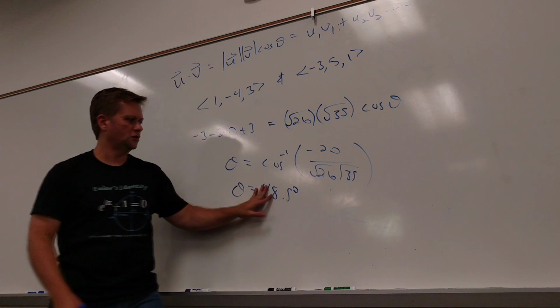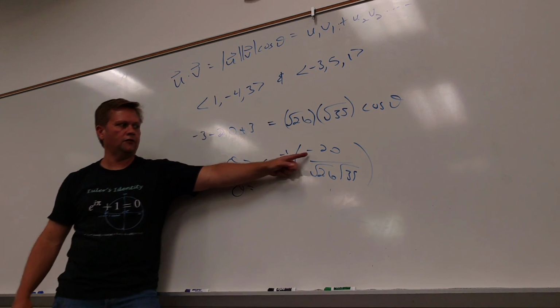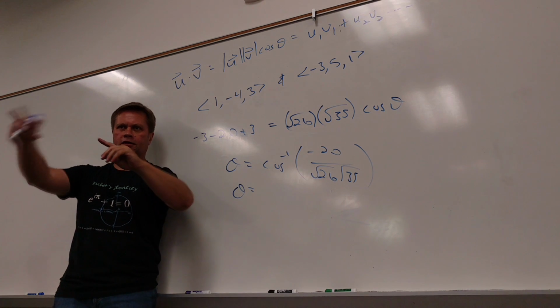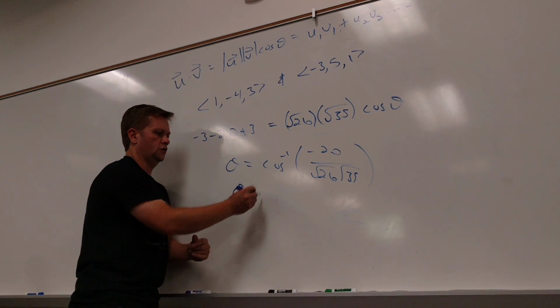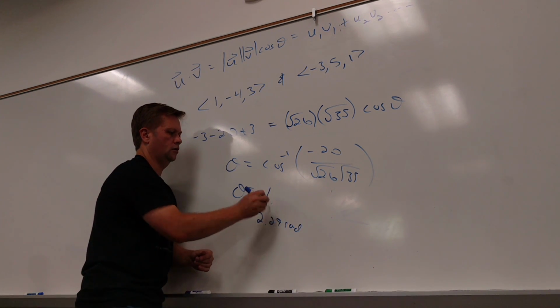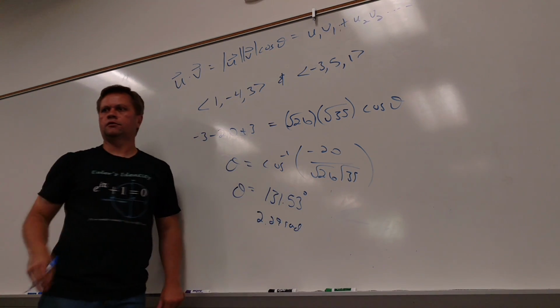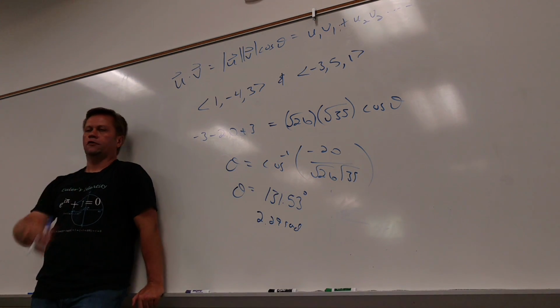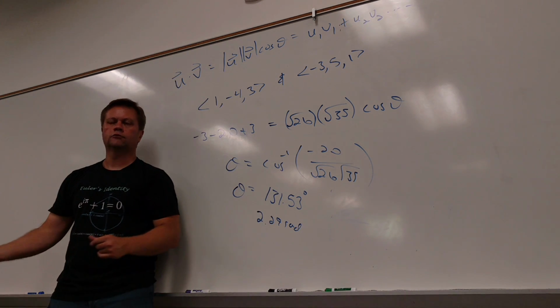Did you forget the negative? Yeah. So you got the other side. So all right, 2.29 radians. 131.53 degrees. Okay. So if you forget a negative, it's going to throw you in the first quadrant instead of the second quadrant, right? Okay. Cool.